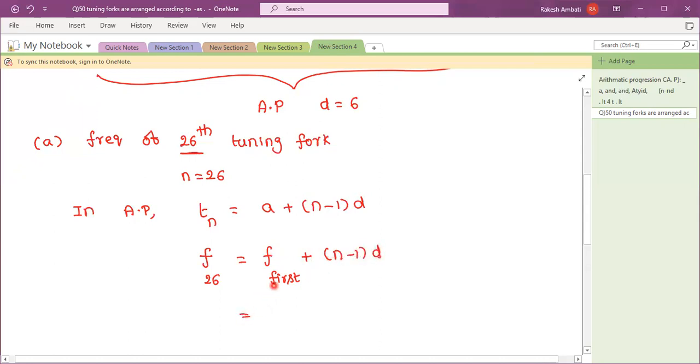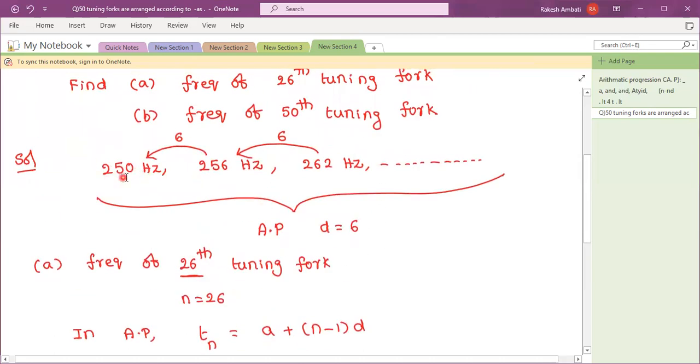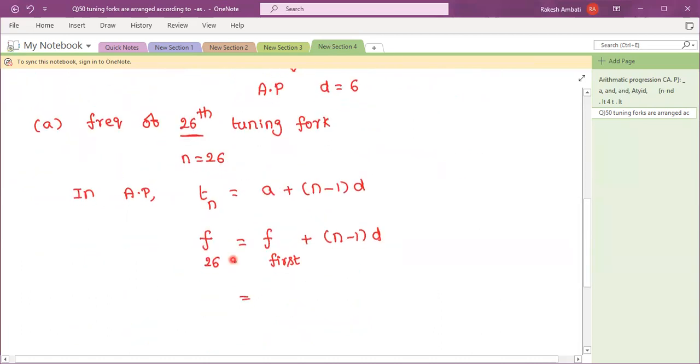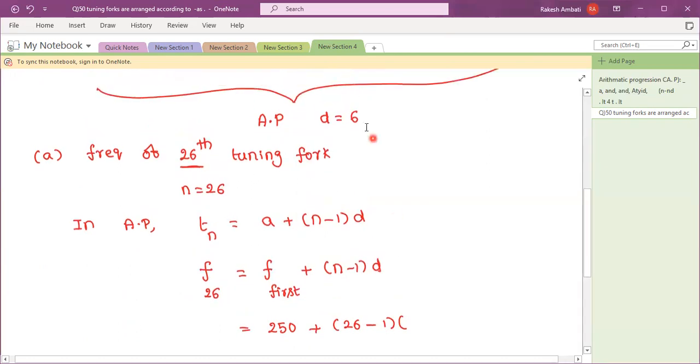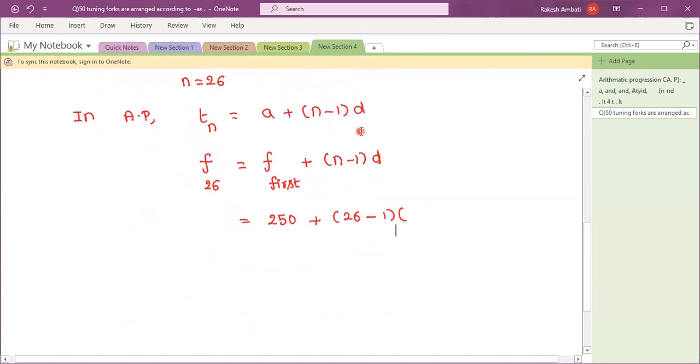In the given question, the frequency of the first tuning fork is given as 250, plus n is given as 26, so 26 minus 1, and the d value is 6.